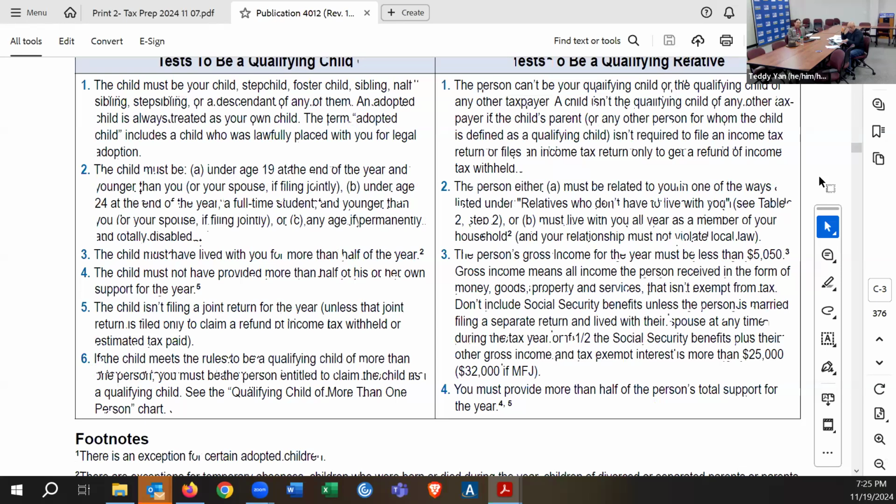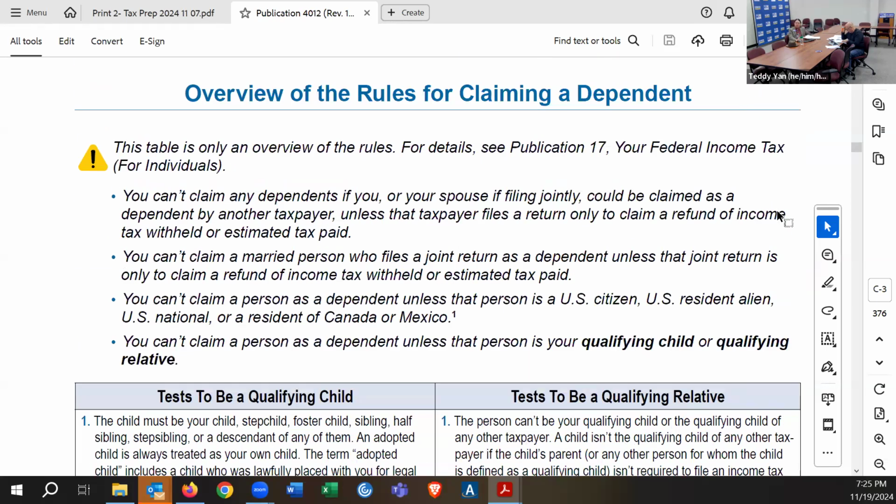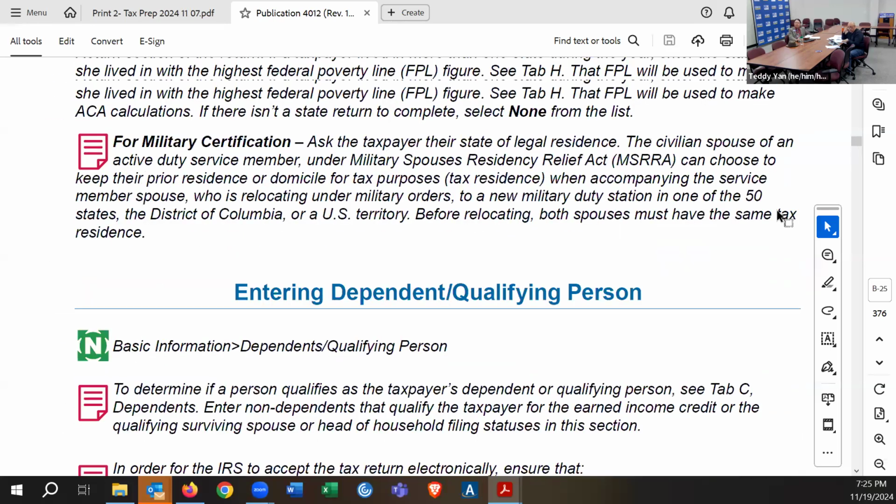The answer is no, because she's going to fail the residency test for everyone else. So Danny is the only person who can claim her for 2023. And Daria is Danny's qualifying child for 2023.